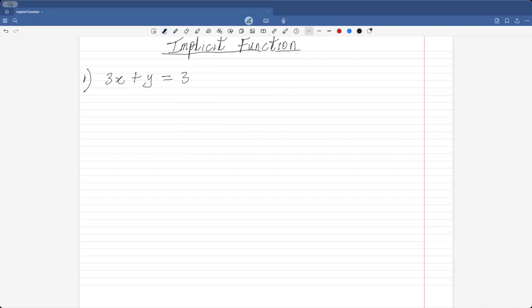We've been differentiating with respect to x. But looking at this function here, you will realize that another letter is being introduced, which is y.